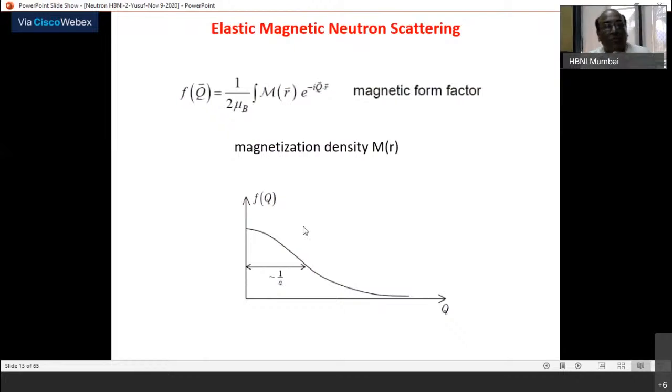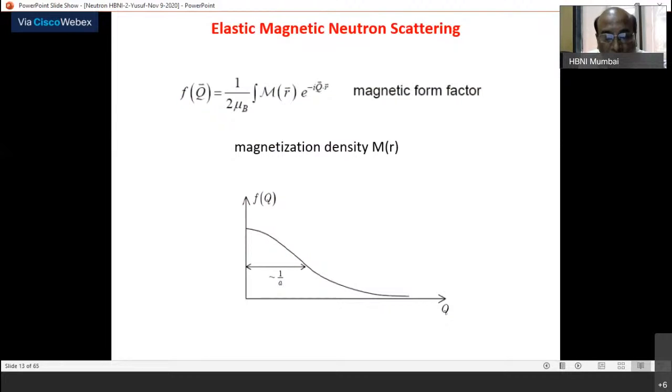So, in summary, let me summarize what I said so far. When you are doing X-ray diffraction, due to the Coulombic interaction between the electric field vector and all the electrons' charge cloud, you get the form factor. Corresponding to that, in the magnetic case, you get form factor only arising due to unpaired electrons.